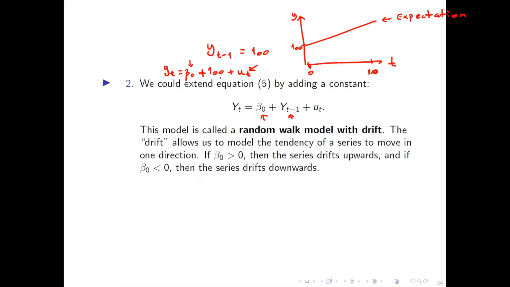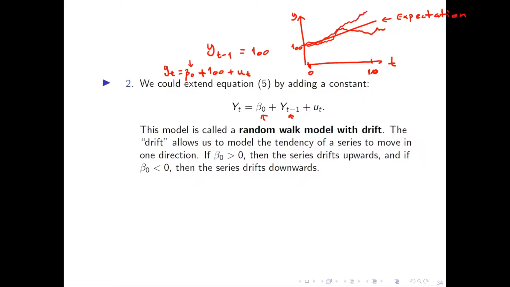But with the drift term, because of the random error term, you would get these random processes around this kind of mean. Okay, so the mean is drifting upwards.